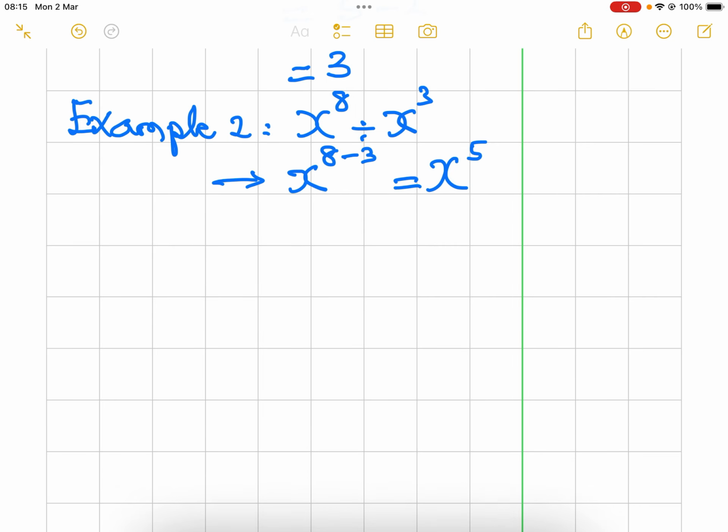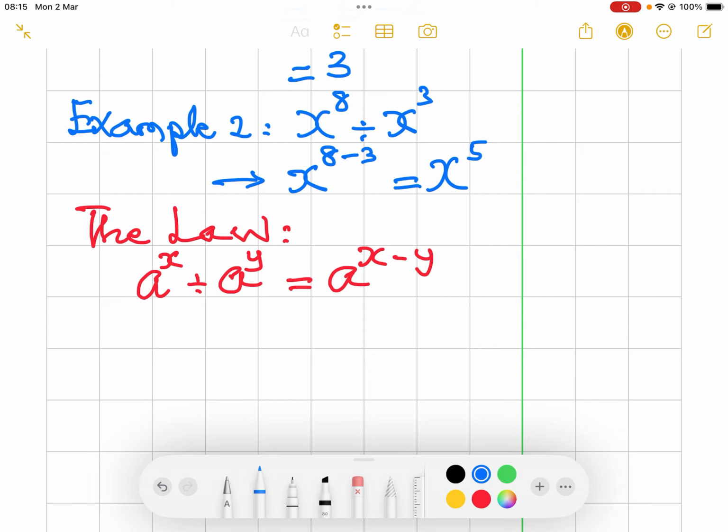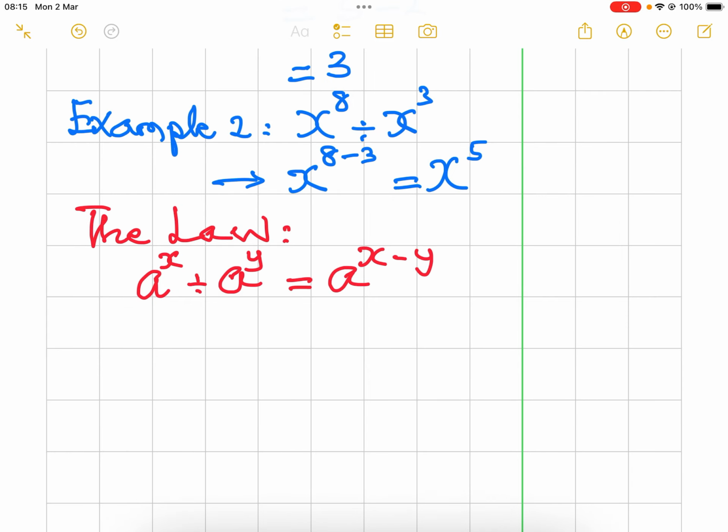Let's now state the law clearly. The law states that a raised to power x divided by a raised to power y is equal to a raised to power x minus y.